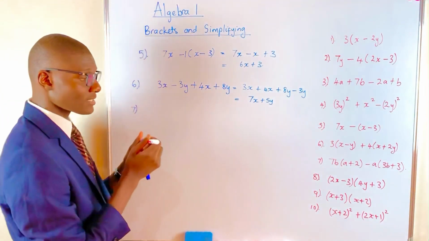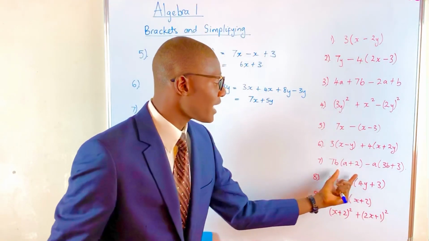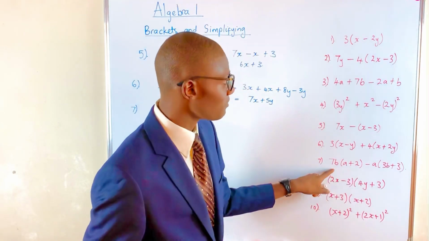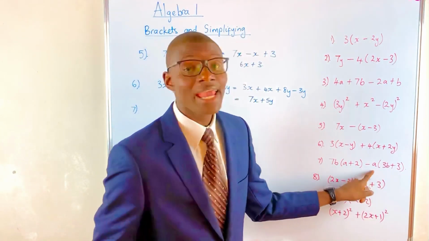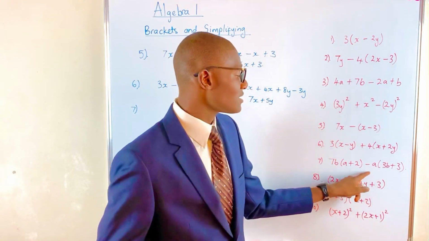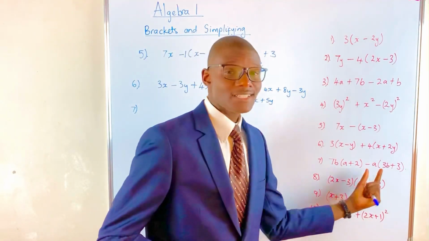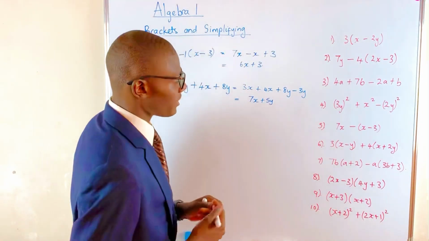Number 7 as well, first step is to remove the brackets by multiplying each term that is inside these brackets by 7b, then each term that is in these brackets by minus a. So make sure you take note of the sign here. It's minus a. It's not just a, it's minus a. This is the term that is outside these brackets. So now let's remove the brackets.